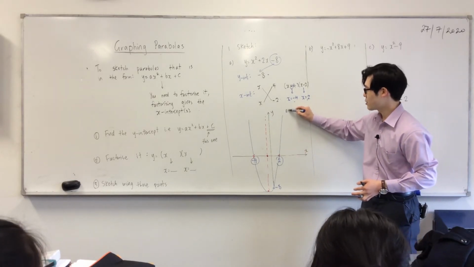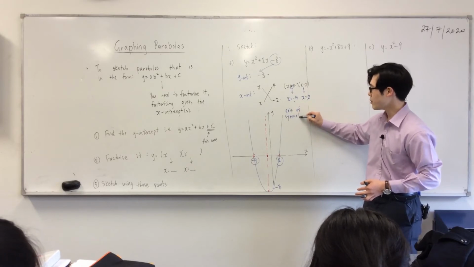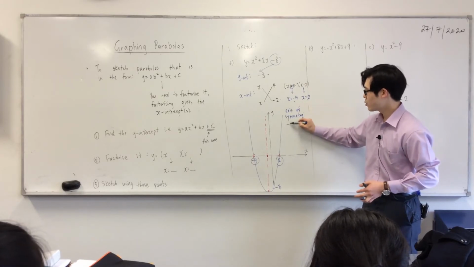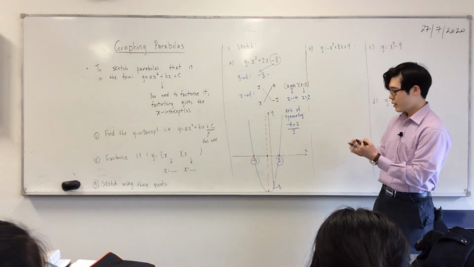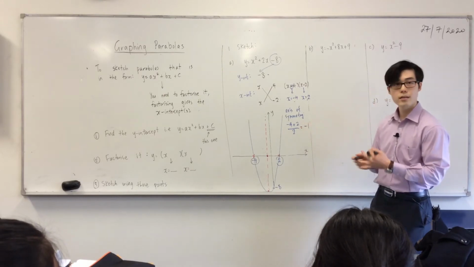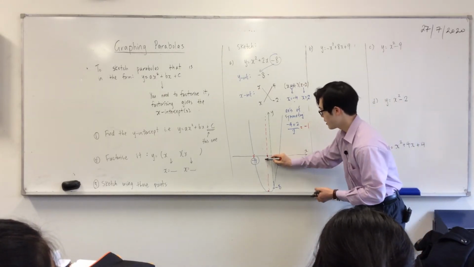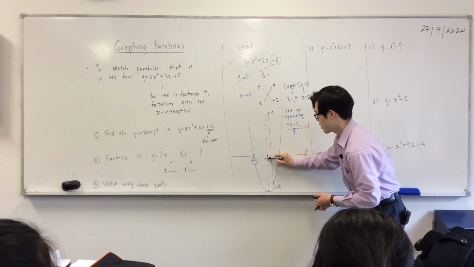So I'm just going to write axis of symmetry and show you the working out to show you that value. Yep, so minus 4 plus 2 over 2 will give you that midpoint, and that is minus 1. So your axis of symmetry is minus 1, or as an equation, x equals minus 1.